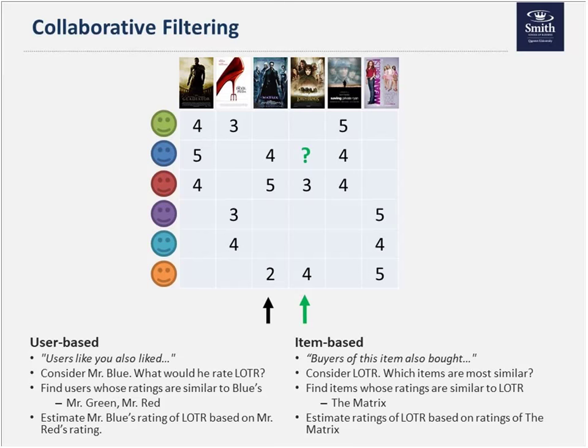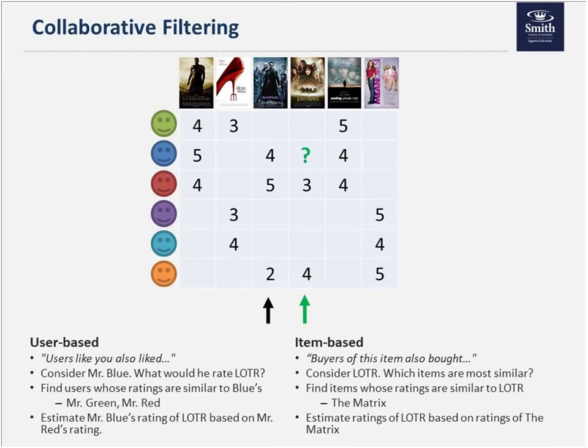So again, if the algorithm was trying to predict how much Mr. Blue would like Lord of the Rings, what the algorithm will do is find movies that are similar to Lord of the Rings in terms of their ratings. So again, it'll compare every single movie with Lord of the Rings, and in this example, it might say, oh, The Matrix is very similar to Lord of the Rings.